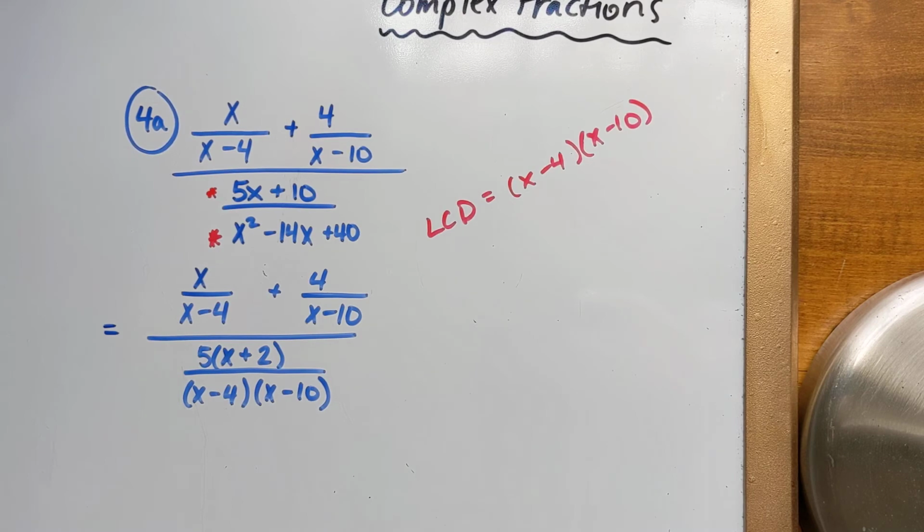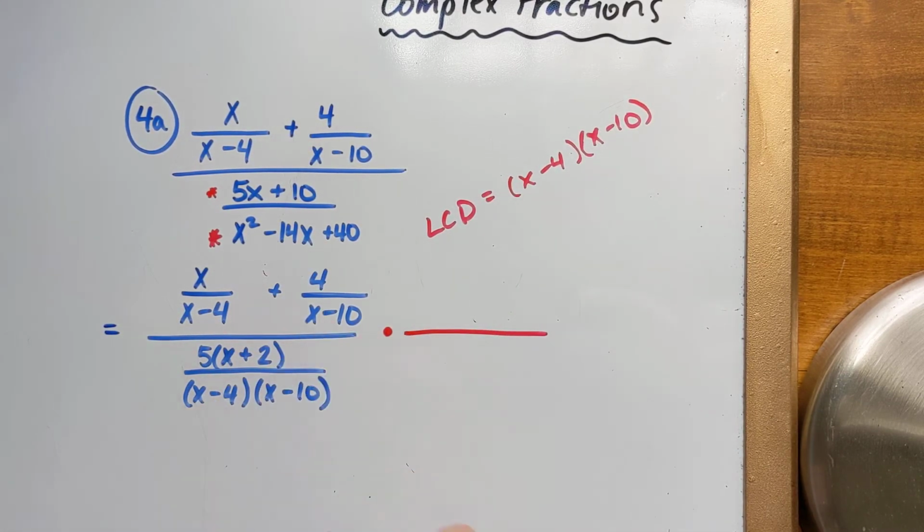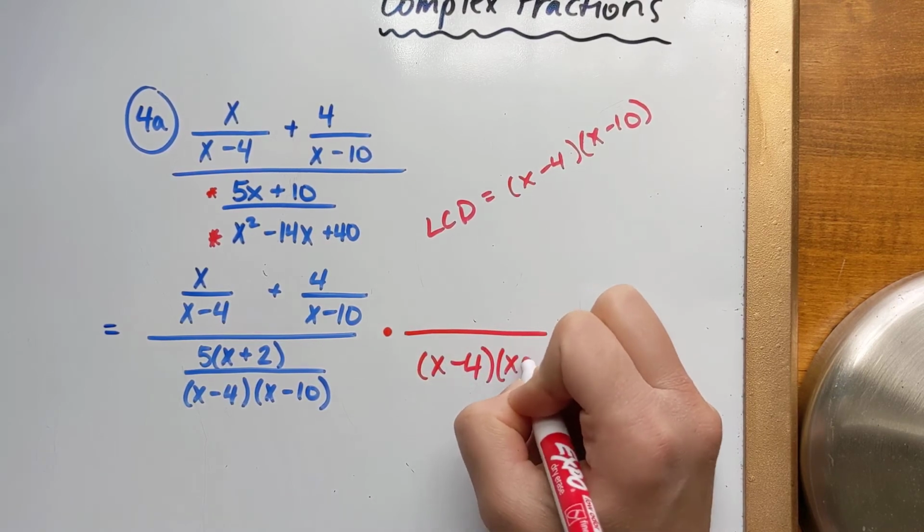So again, just like we did in the last problem, you want to multiply both the numerator and the denominator of the large fraction by x minus 4 times x minus 10.